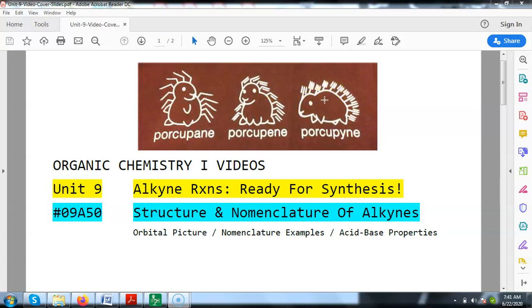Now, this unit is really the first unit where we're going to have enough reactions to start doing legitimate, full-blown syntheses.